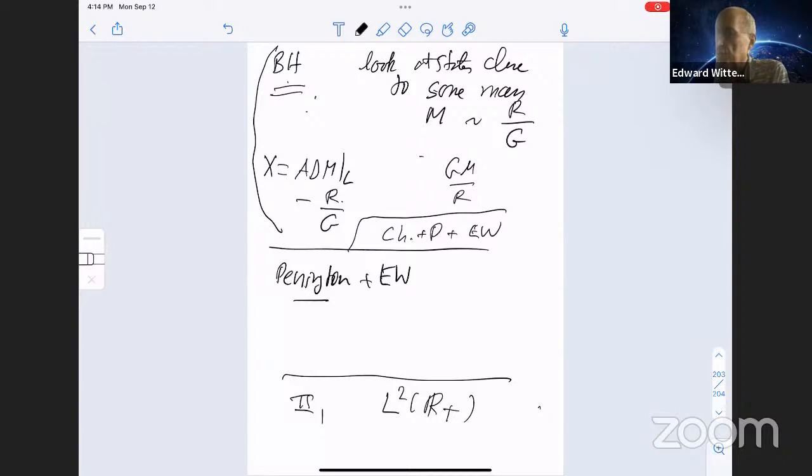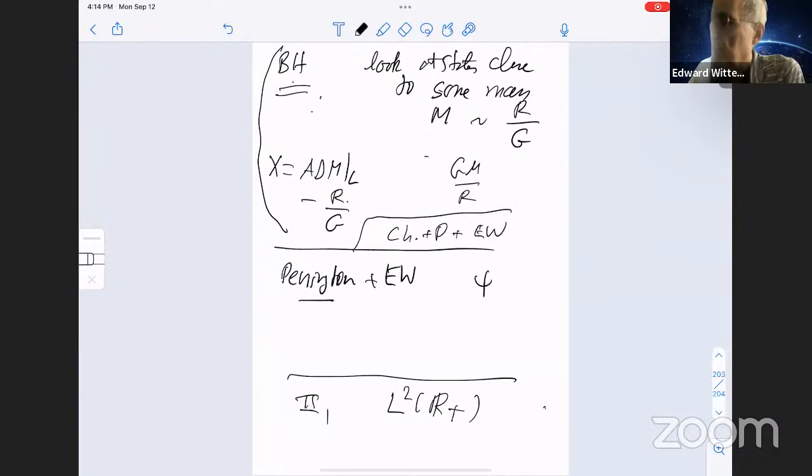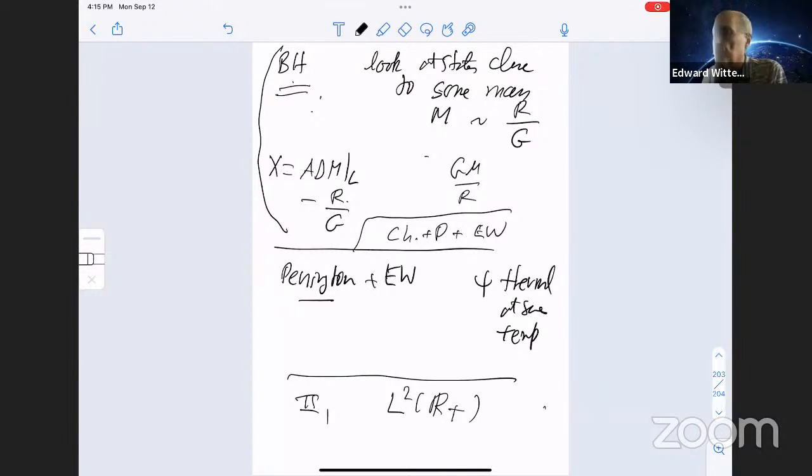I'm not sure if I should stop here or try to say any more in answer to your question. I'm tempted to say one little thing. In this discussion, you start with some state, which is the thermal state at some temperature. The temperature, or equivalently the size of the black hole, is kept fixed, and we work asymptotically near G equals 0, so the mass is very big.